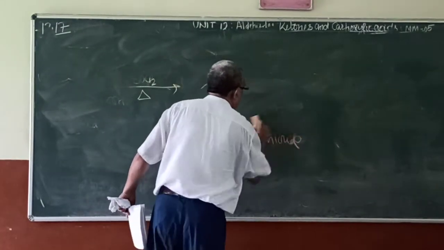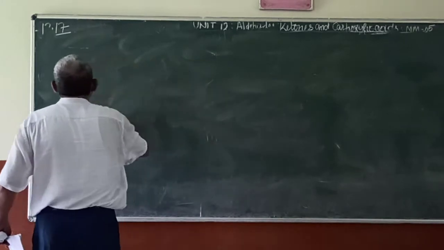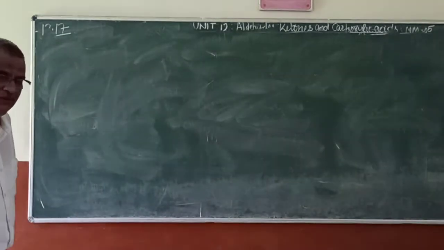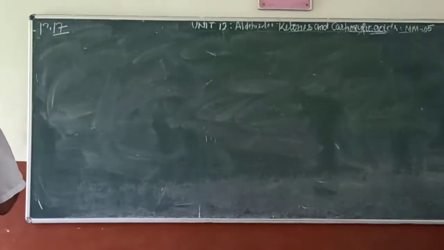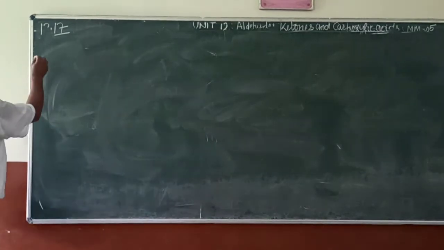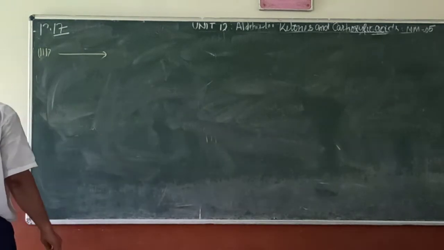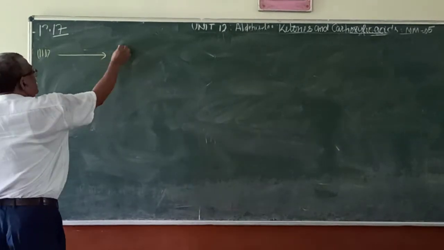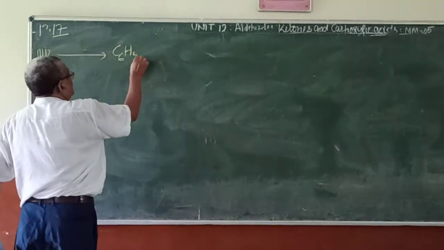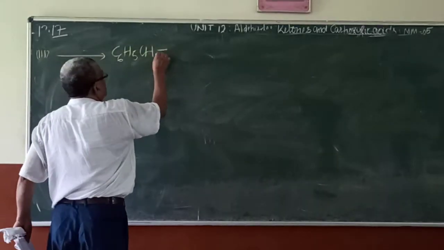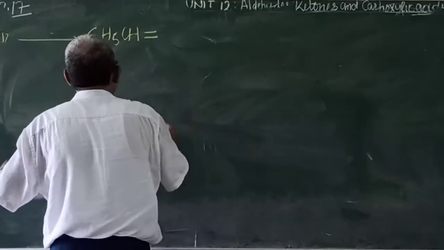What is the third part? I am doing the third part for you. Third part is, just write the reagent yourself. I am writing the answer. C6H5CH=NNHCONH2 plus water. Be very careful.